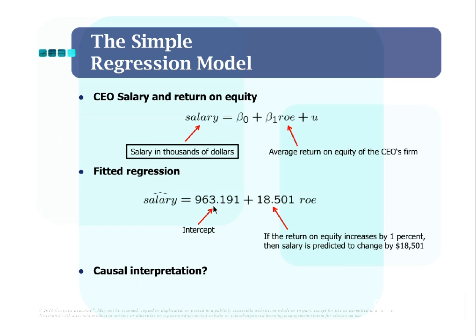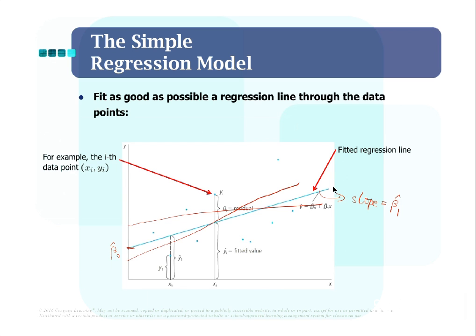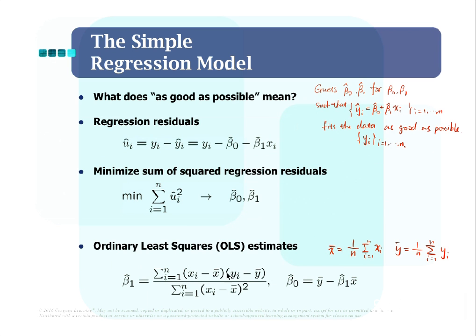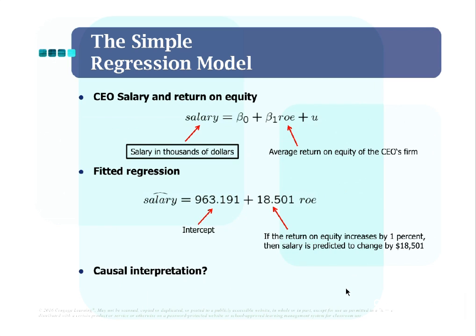We also have the ROE data for their firms, and we put this data together and apply this formula. We have all the y's, which is the salary, and the x's are the ROEs of the firms. So we can just put data into this formula and also this formula. We obtain that beta 1 hat equals 18.501 and beta 0 hat equals 963.191.